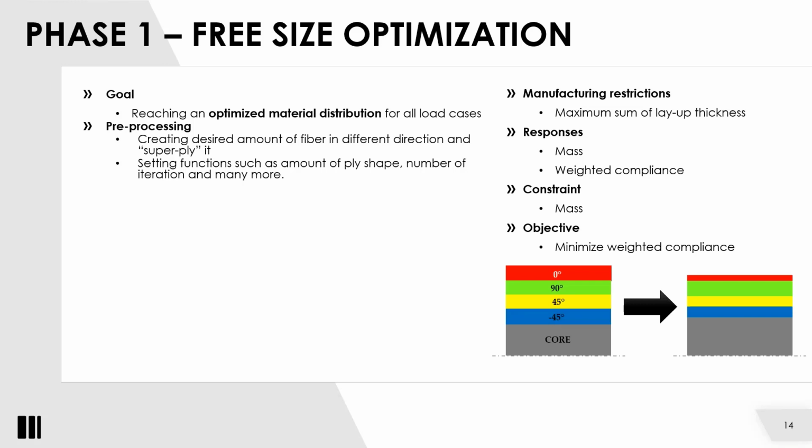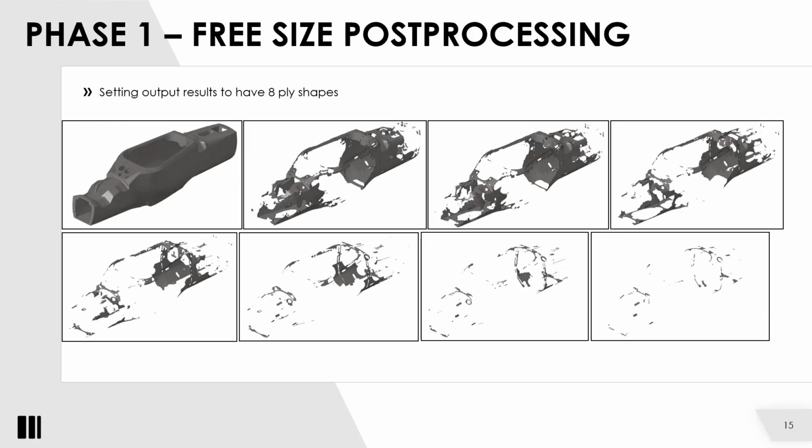If we find out the stiffness is too low, we have to increase the mass. If we find out, hey, the stiffness is really high, we try to reduce the mass even further. Yes. One little tip: when you run this with the standard setups of HyperWorks, you get 4 ply shapes out of every direction.